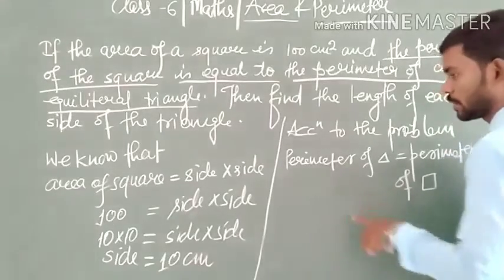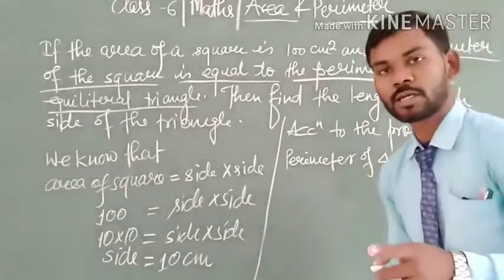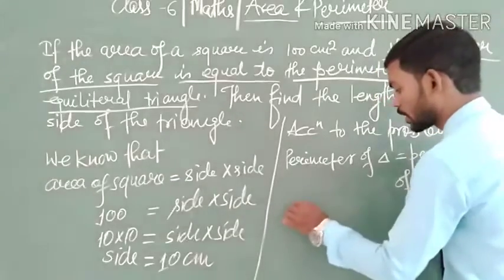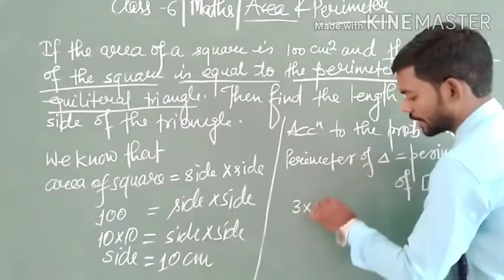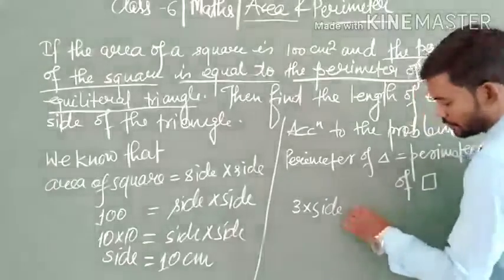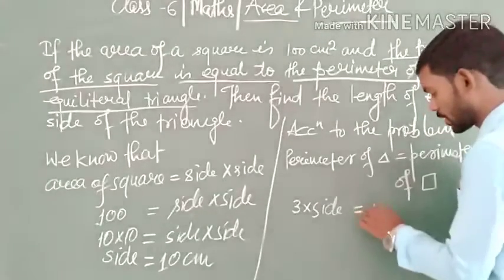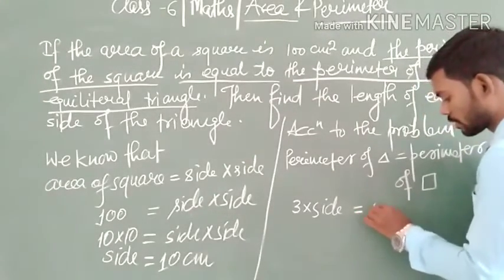We know that the perimeter of an equilateral triangle is 3 into side, and the perimeter of a square is 4 into side.